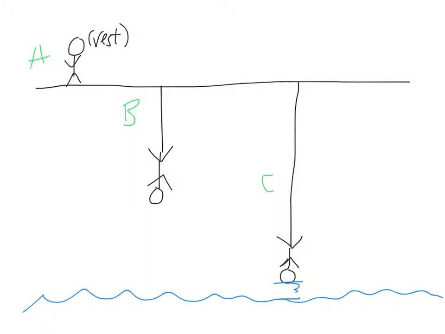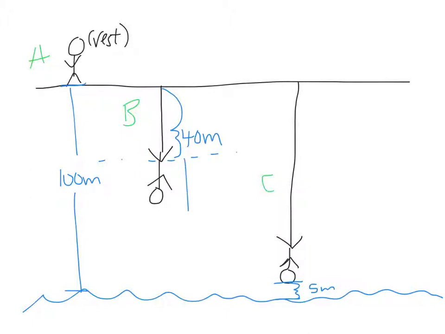He wants to come within 5 meters of the water below. So this distance right here is 5 meters. He starts 100 meters above the water. So there's that distance. And it tells us that the cord is 40 meters long. So the length of this cord right here, not stretched, is 40 meters, which means that the distance from here to the water would be 60 meters.